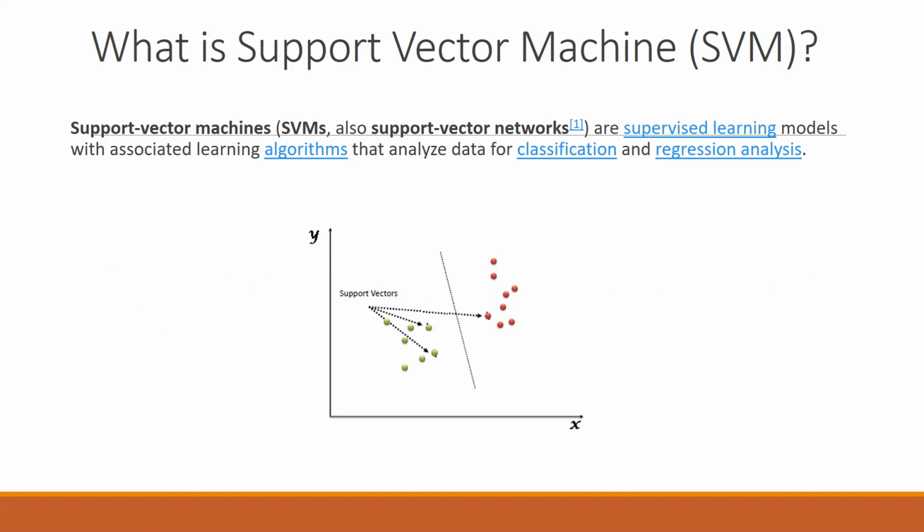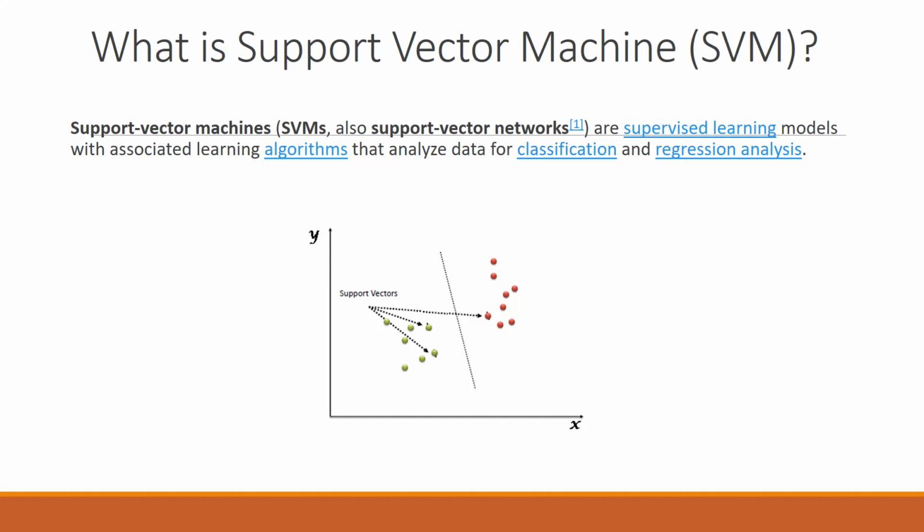So what is support vector machine? Support vector machine, or SVM, is a supervised machine learning algorithm which can be used for both classification and regression challenges. However, it is mostly used in classification problems.